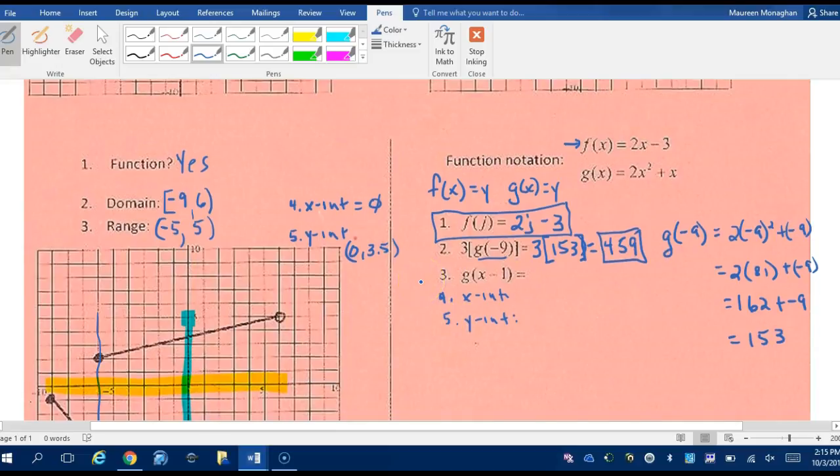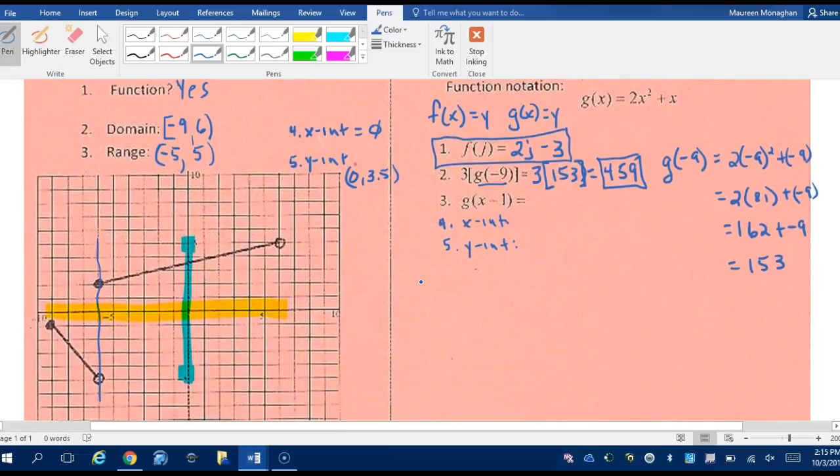All right, g of x minus 1. I'm going to do that down here where I have a little more space. G of x minus 1 means I have to replace the x with an x minus 1. Okay, and this is going to be a FOIL.